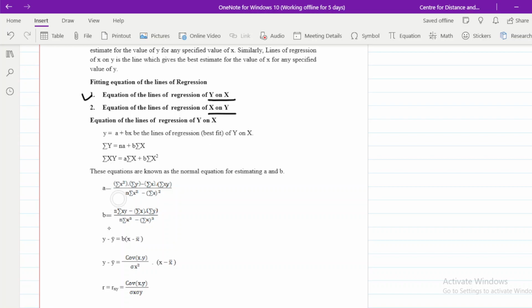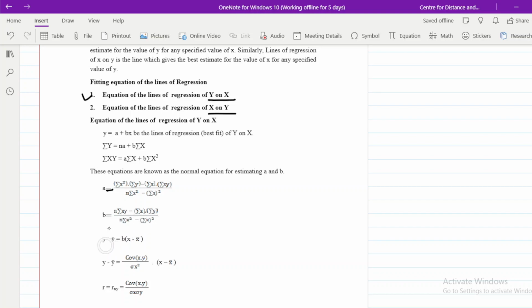Here a is equal to summation x square into summation y minus summation x into summation xy, divided by n into summation x square minus summation x bracket square, and b is equal to n summation xy minus summation x into summation y, divided by n into summation x square minus summation x bracket square.